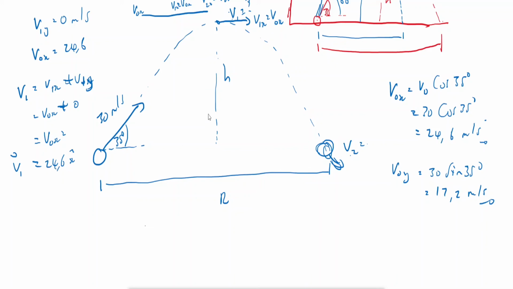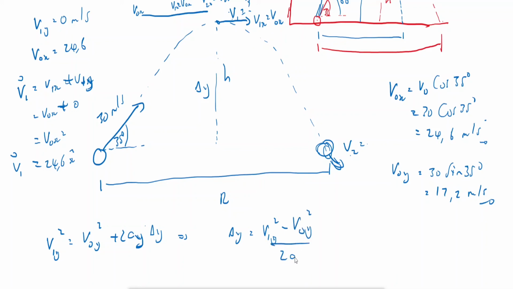And then how about the height? Let's find the height. I could just use the y because I know information on the y. I don't have the time, so I could say v1y squared is going to be v0y squared, because I know the initial velocity in the y direction, plus 2ay delta y, which is going to be the height. So my delta y is going to be v1y squared minus v0y squared divided by 2ay.